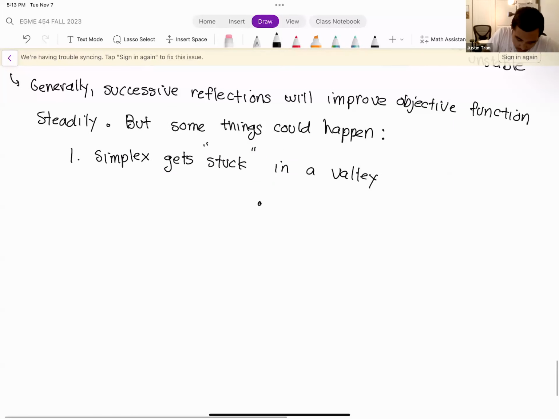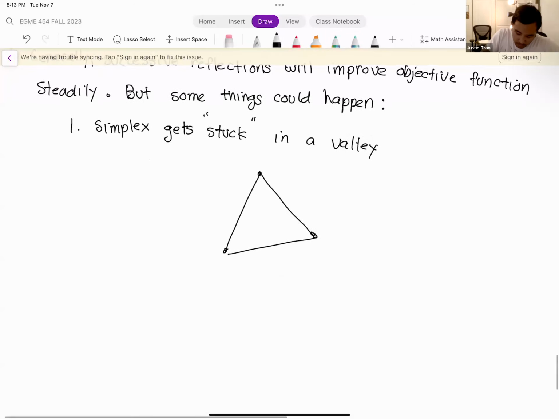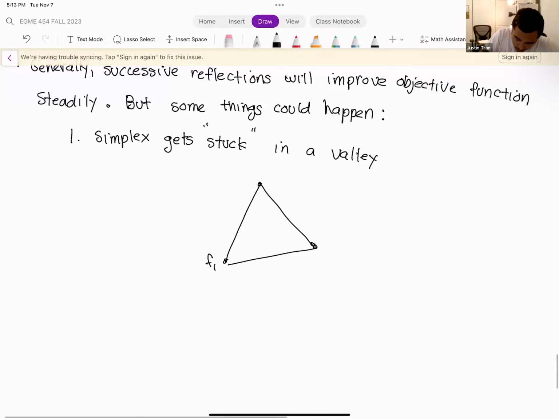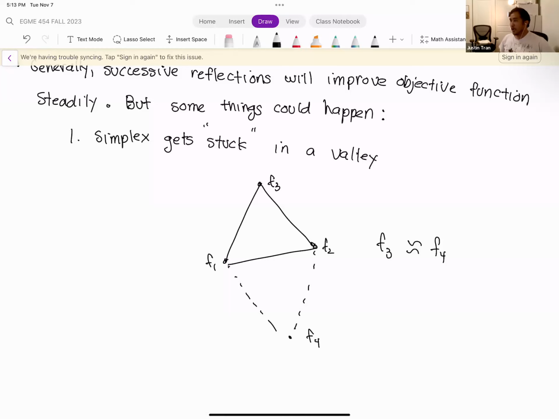Again, I'm going to illustrate this in 2D. Let's say this is our simplex here, which we'll call F1, F2, F3. Just like before, let's say we're going to kick out F3, which leads to a reflected point F4 here. It could happen that F3 and F4 are roughly equal in objective value. Ideally, you would want F4 to be an improvement over F3.